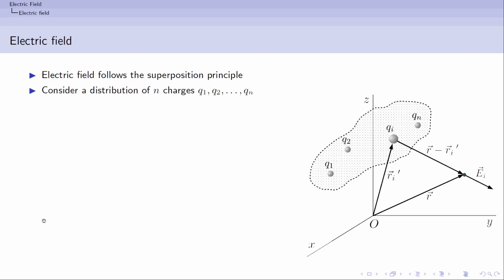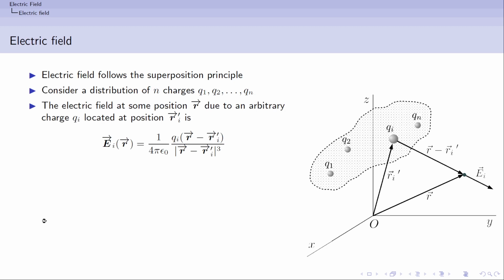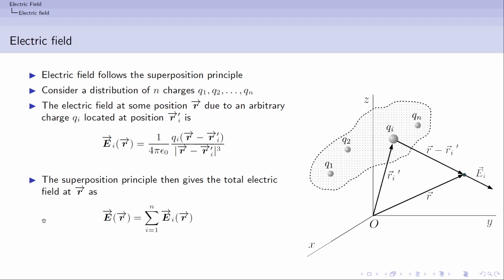So this is the electric field due to the ith charge, and then the superposition principle gives the total electric field at this position r as the superposition of all of these electric fields. So this is the electric field due to a discrete distribution of charges.